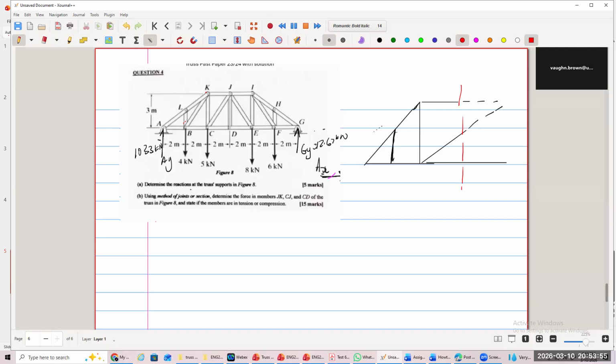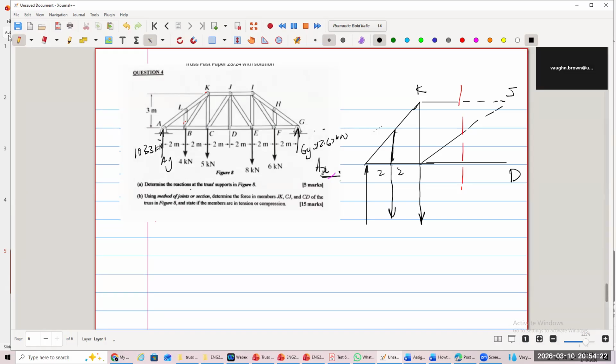All right. Now you need to do some labeling quickly. This is point J. This is K. This is D. This is C, force coming down. And this is a reaction going in. This is a reaction coming out.